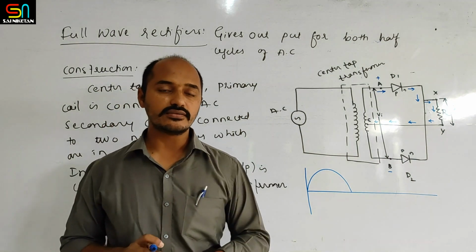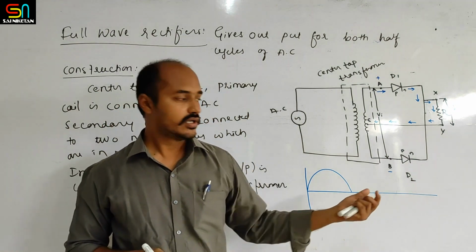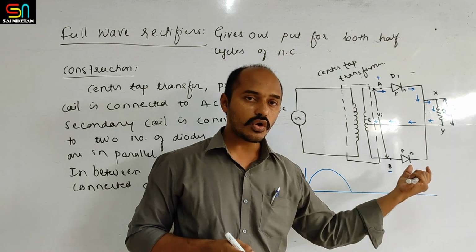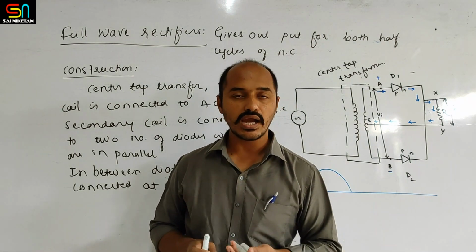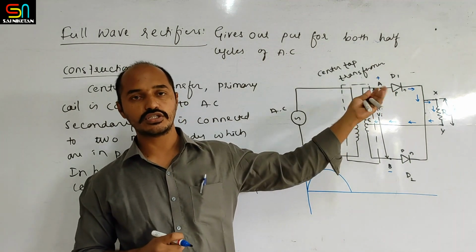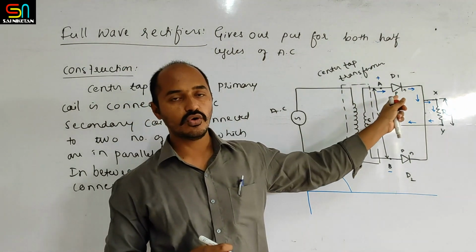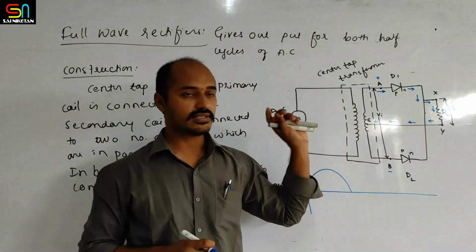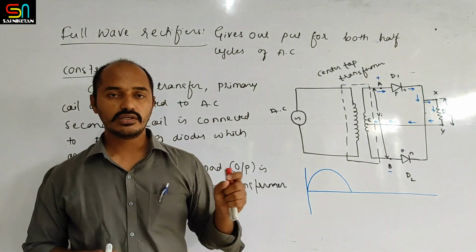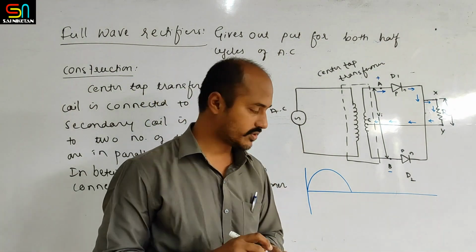So diode D2 does not allow current to flow through it, and D1, being forward biased, allows the current to flow in the direction A, X, Y and C. So this is the current during the positive half cycle.